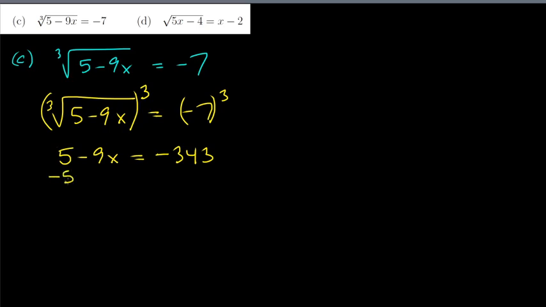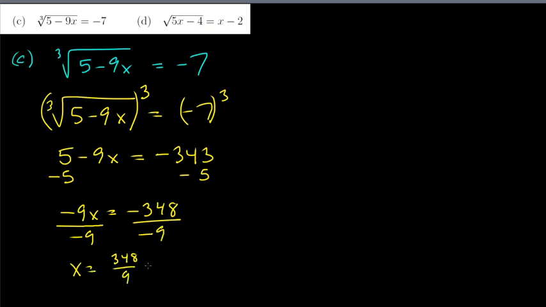Just take it from here, right? I would subtract 5 from both sides. So negative 9x is equal to negative 348. And negative 348 divided by 9 is not a nice number, right? So this will be positive 348 over 9.